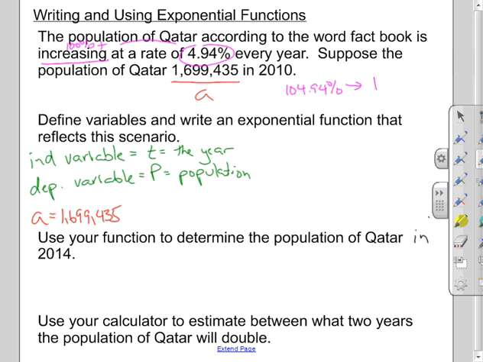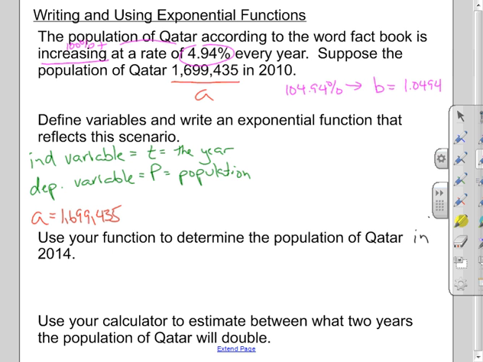But as a decimal, we will say that b equals 1.0494. That makes sense because when we multiply by that number, we get a small increase, and 4.94% is somewhat of a small increase in terms of percentage. Actually, in terms of population growth, it's quite significant. Again, that happens because this is going to compound the population exponentially.